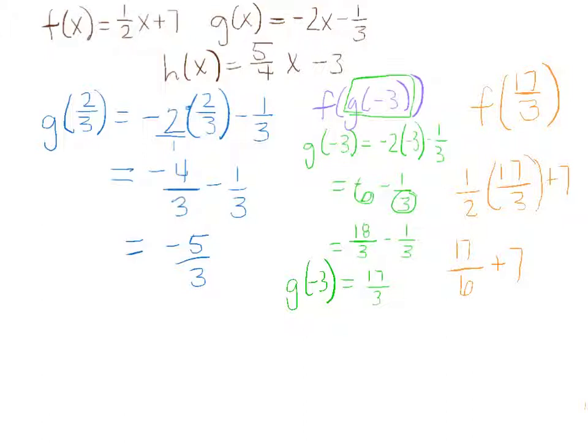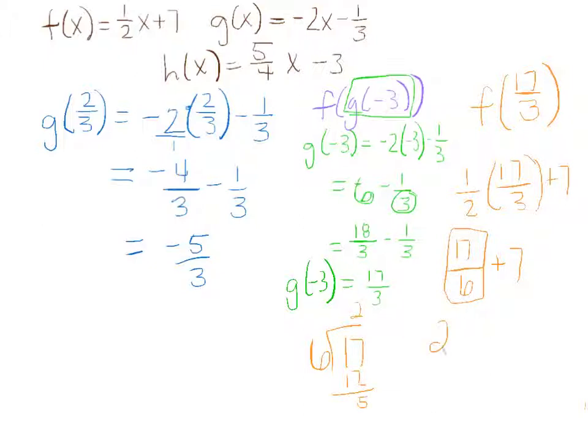So again, I'm trying to think of a way to combine these two numbers. One way that I could do it, because I have a whole number over here, is to think about this improper fraction and figure out what this is as a mixed number. So thinking about 17 over 6 as a mixed number, if I divide 17 by 6, 6 goes into 17 2 times. 2 times 6 is 12. 17 minus 12 is 5.